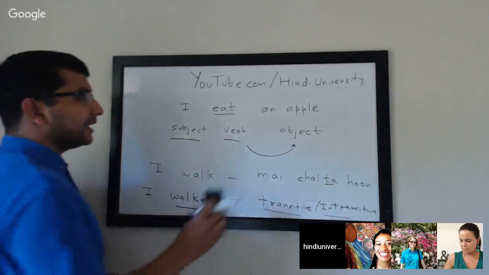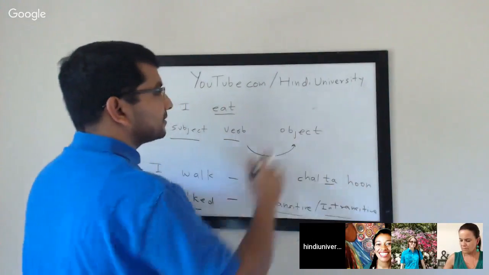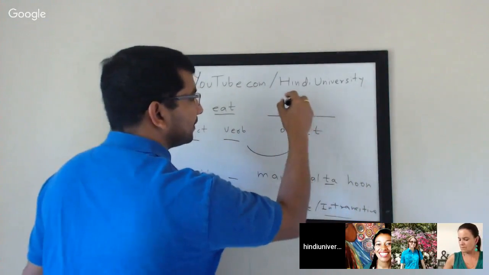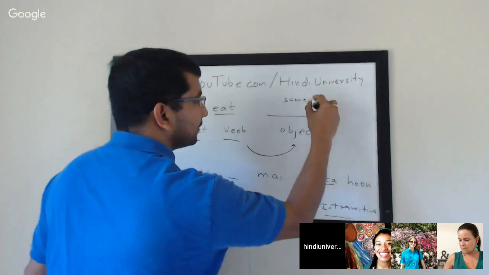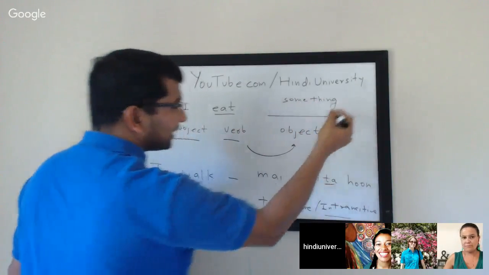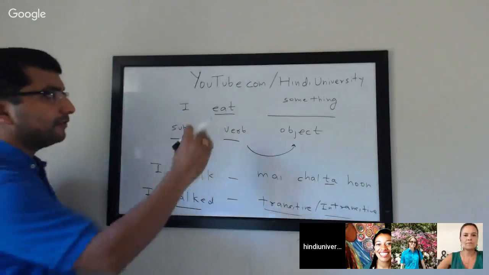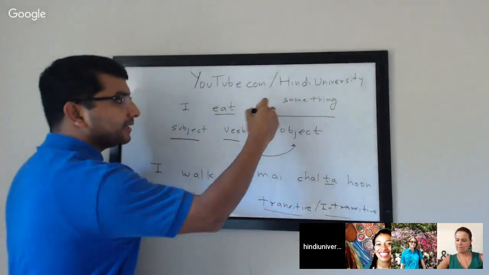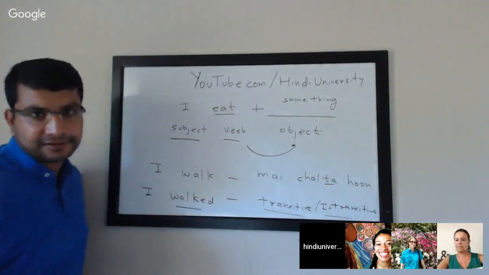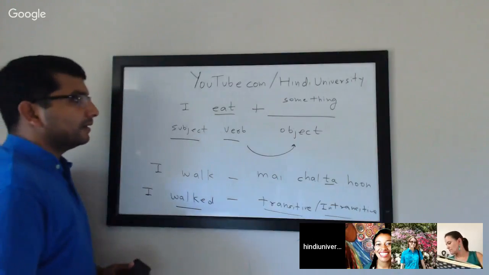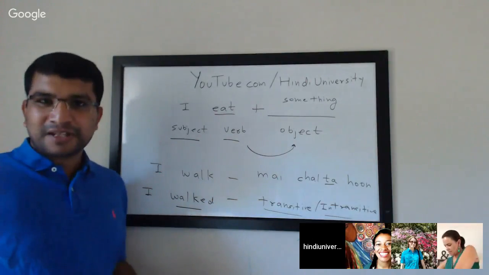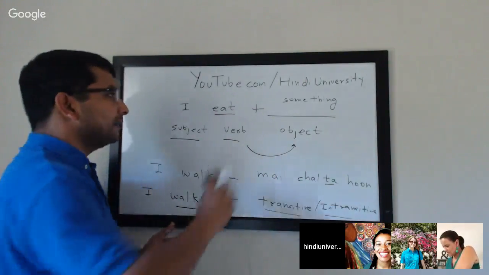Another way to look at it is like I eat something. So, if you can think of a verb plus something and that makes sense, that means it's a transitive verb. Okay. You cannot just eat, right? There has to be an object, right?